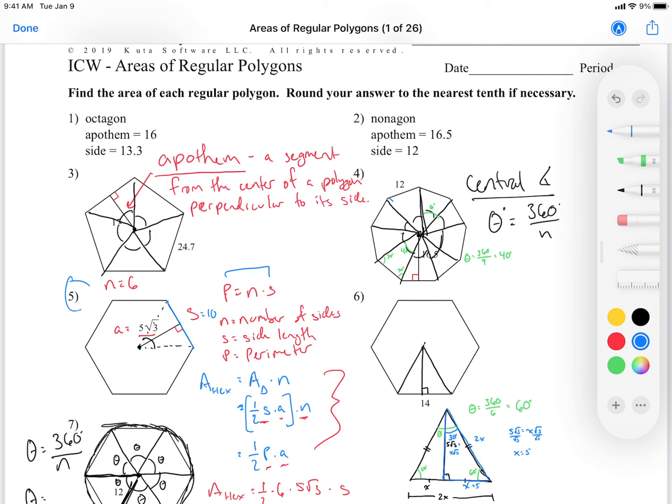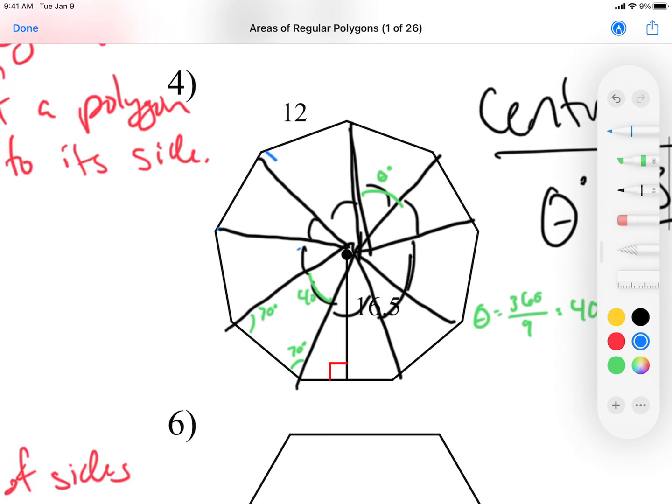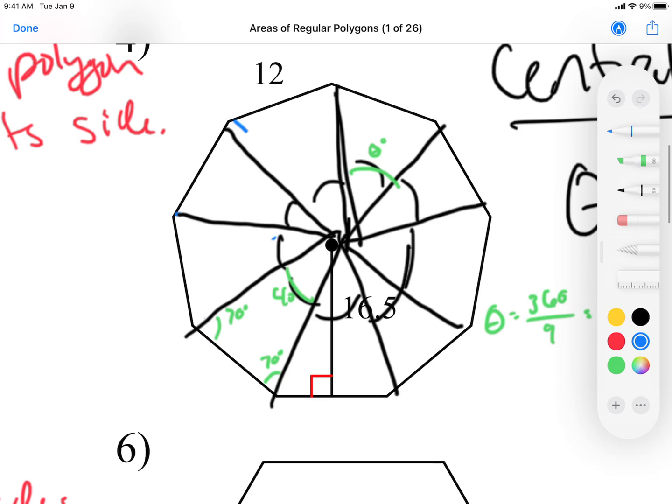Okay? And again, for the nonagon, for instance, and the same thing with the pentagon, if I know that this is 40, and I think about this triangle, I know that this is going to be 20 degrees here.